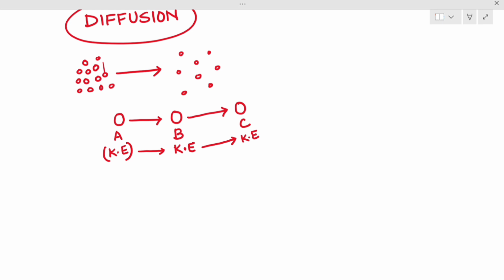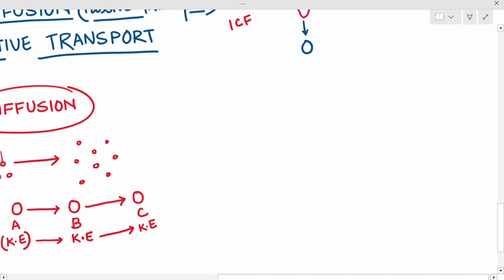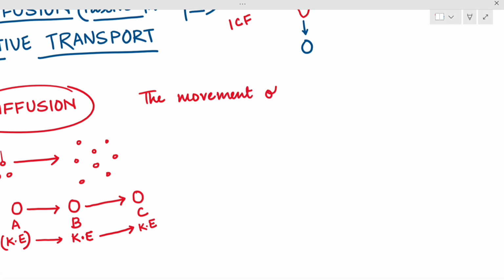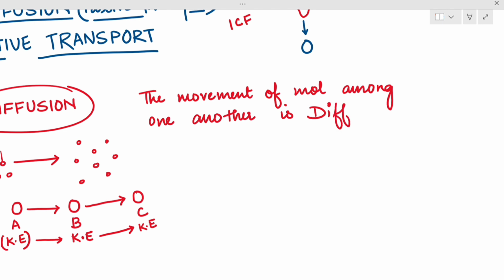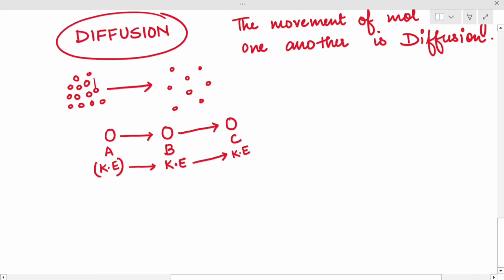So in a single sentence, the movement of molecules among one another is known as diffusion.